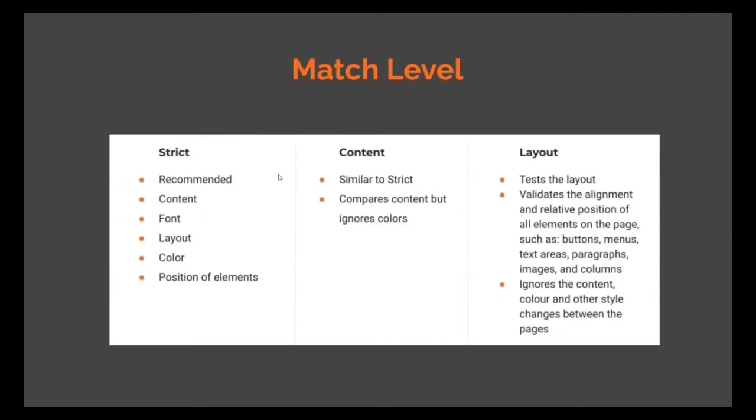I recommend trying out different match levels to see what you really need. In my experience, the layout option is very good when you have a blog page or a news site where different posts come every day. You can only check the layouts.